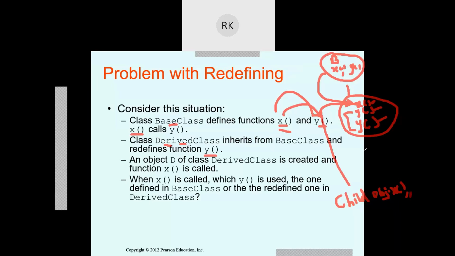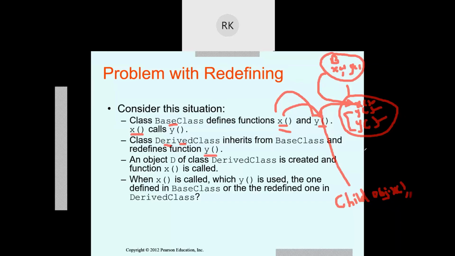So this is the challenge and this is the problem in multiple inheritance and redefining a function. It may be possible from multiple inheritance, and it may be possible by redefining a function. So this situation can be created in both cases.